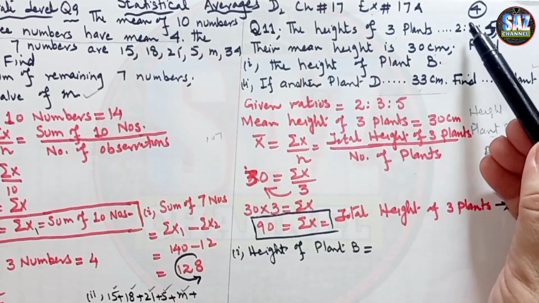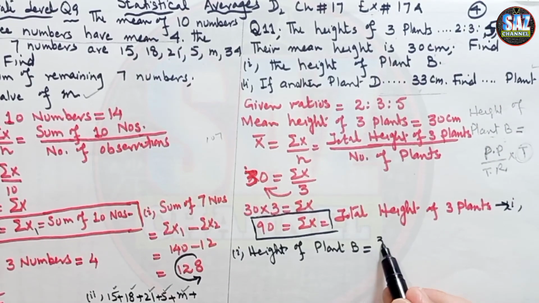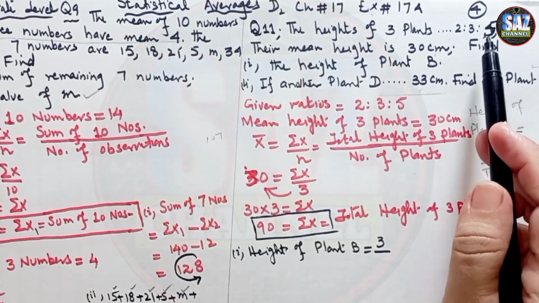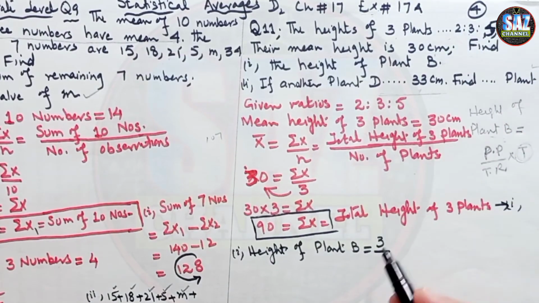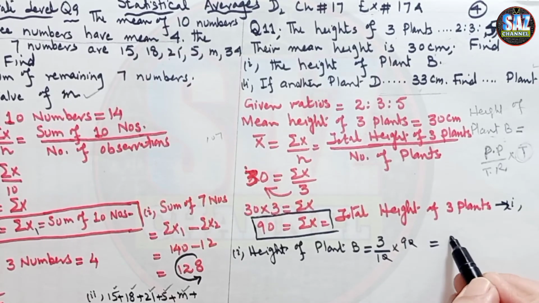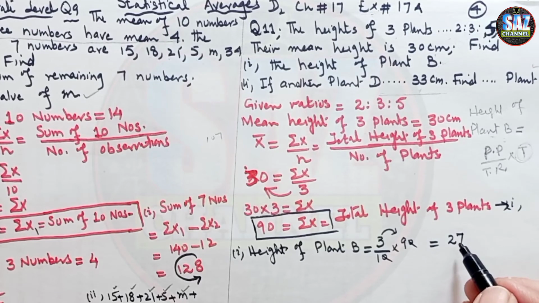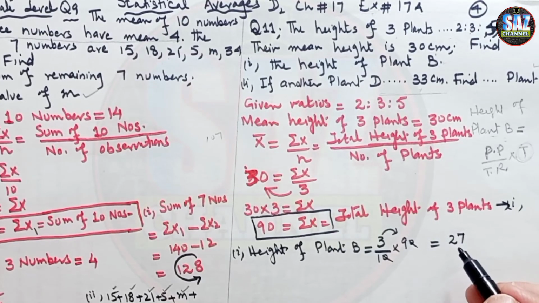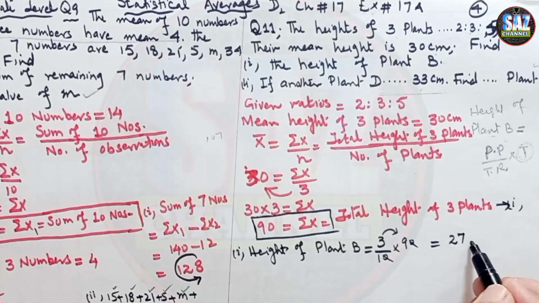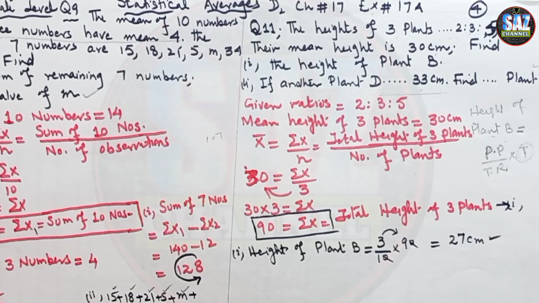So for plant B, the proportional part is 3 upon 10, the sum of the ratios 5 and 3 is 8 and 2 is 10, multiplied by 90. And this is 9 3s are 27. Are we given some unit in the question? Centimeter, so 27 centimeter. I hope students you are clear about this part.